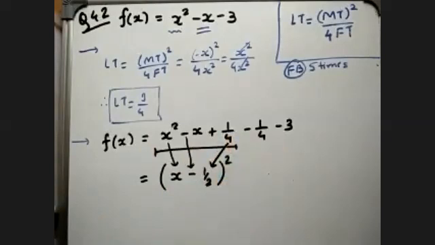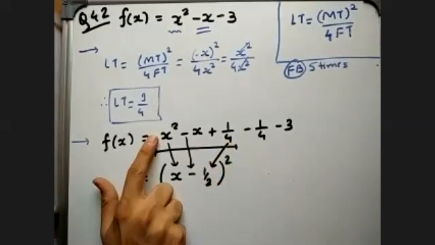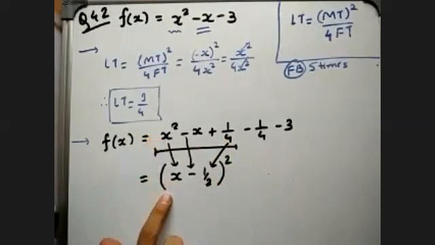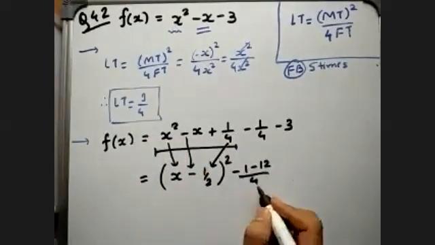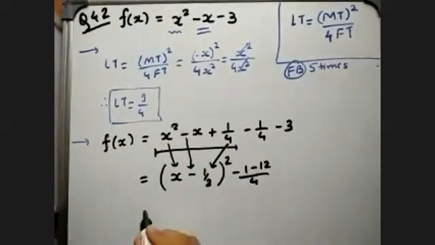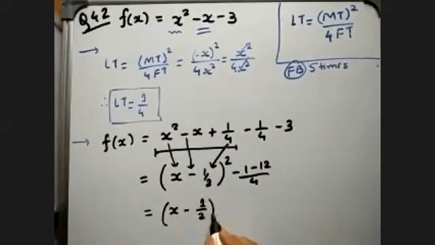So we take square root of first term, sign from middle term and square root of last term. So this will be minus 1 minus 4 threes are 12, whole divided by 4, is equal to x minus 1 by 2 whole square minus 13 by 4.